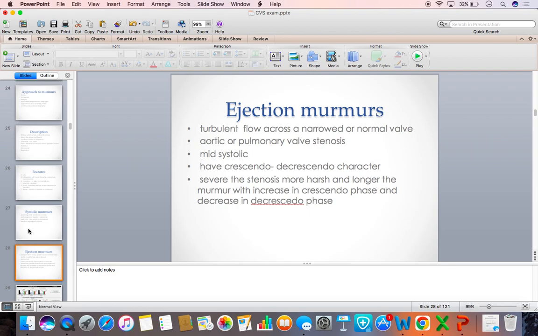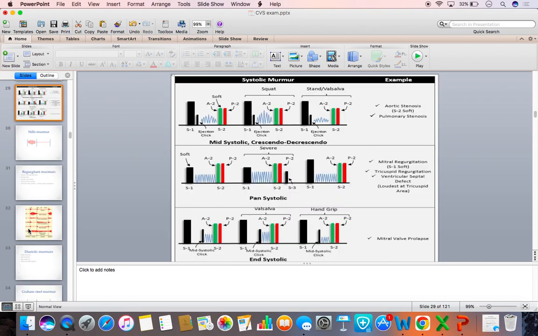So like this. You can appreciate these ejection systolic murmurs.